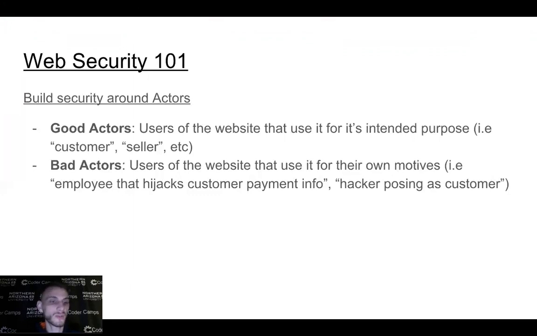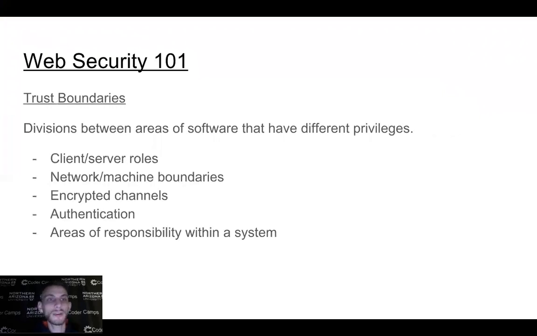A good actor would be someone like the intended user, who's using it for its intended purpose. And a bad actor would be maybe an employee using the customer's payment info against them, right? So think in these terms, and it makes it a little easier to know when to implement tighter restrictions.